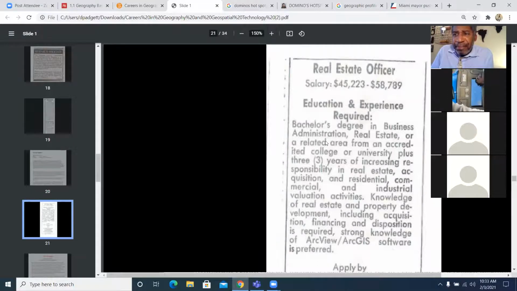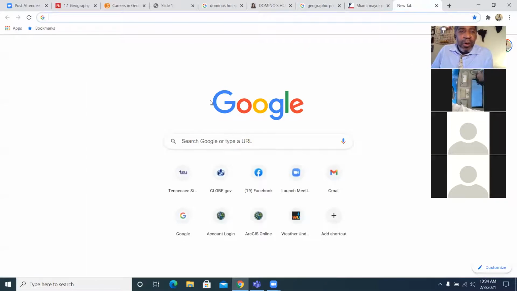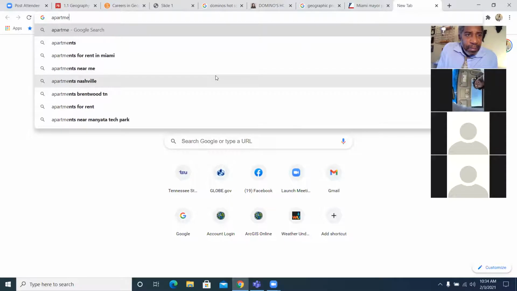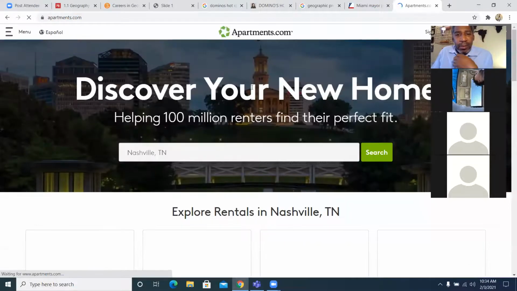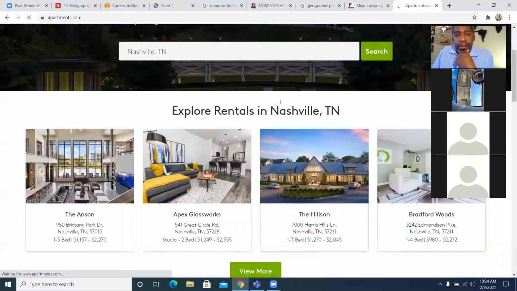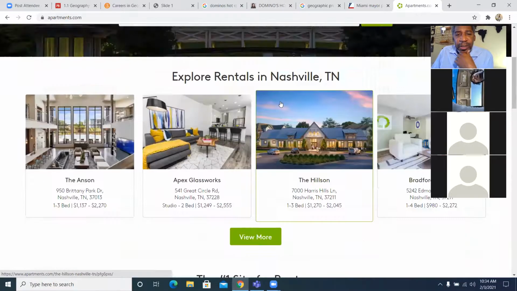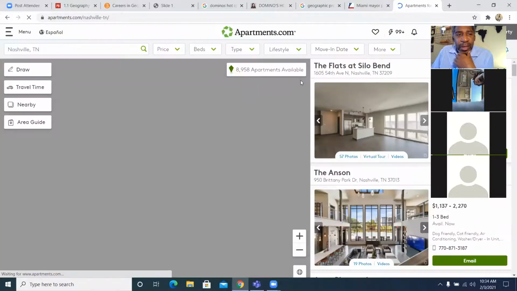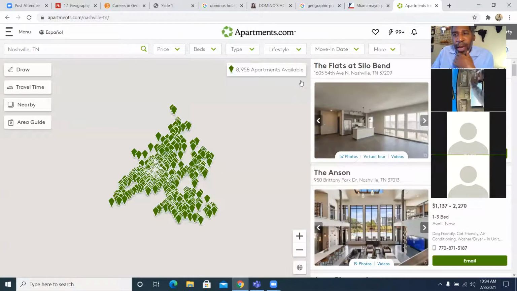Real estate. If you use any real estate website now, even if you go to something, I'm sure some of you all went to apartments.com, and there are all kinds of mapping functions in apartments.com, and you search, and the first thing you're going to get is a map, right?